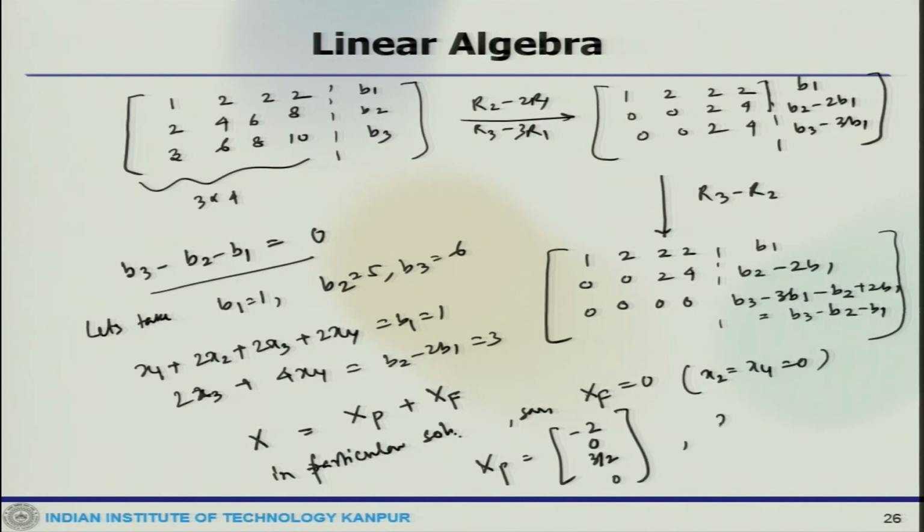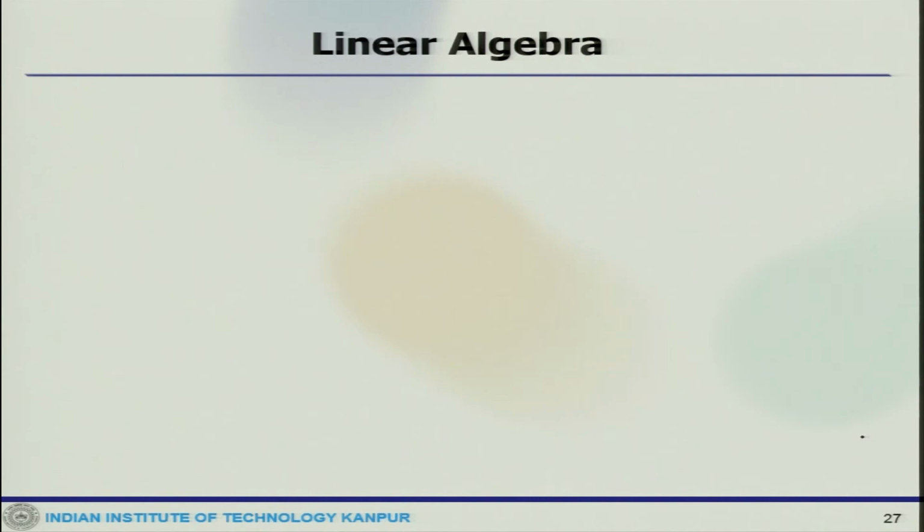So, this is x1 plus 2x3 equals 1, where x3 equals 3 by 2. Again, you have Axp, which is b, and Axf, which is 0.